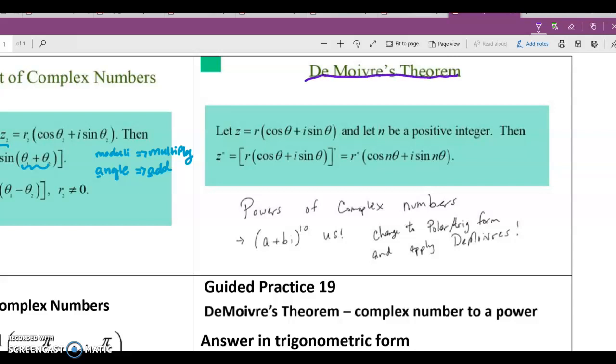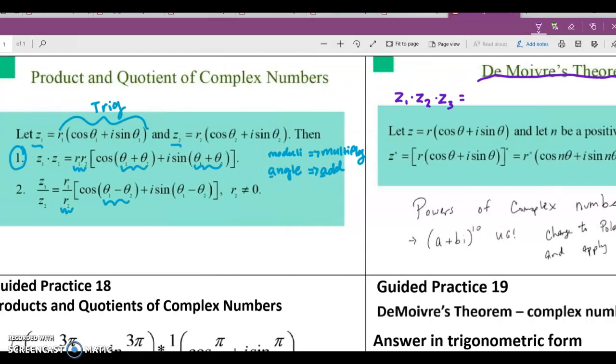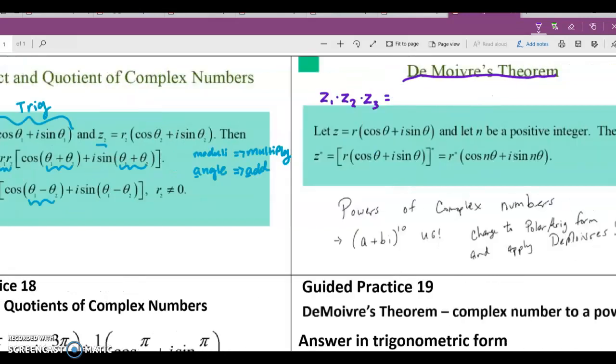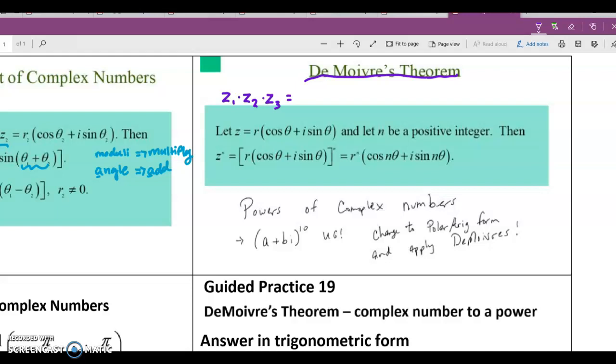Let's say, for example, that instead of just having z1 times z2, we had z1 times z2 times z3. Following our idea from the video before, we multiply the moduli together. So if these have r1, r2, and r3, this would be r1 times r2 times r3.